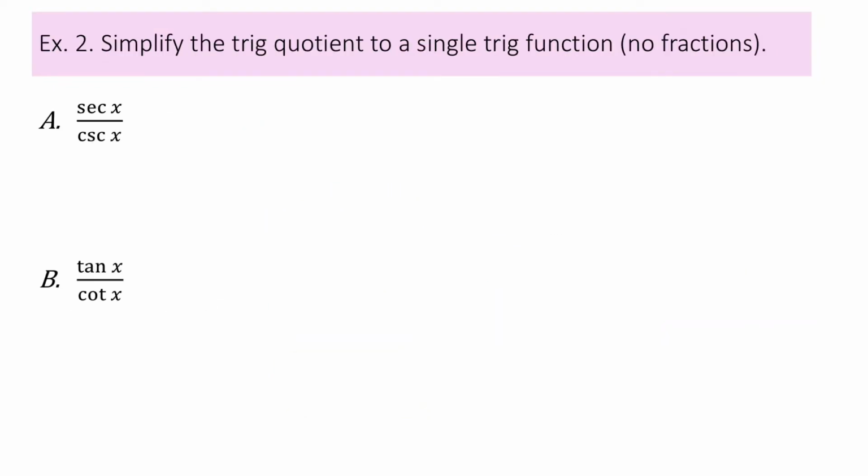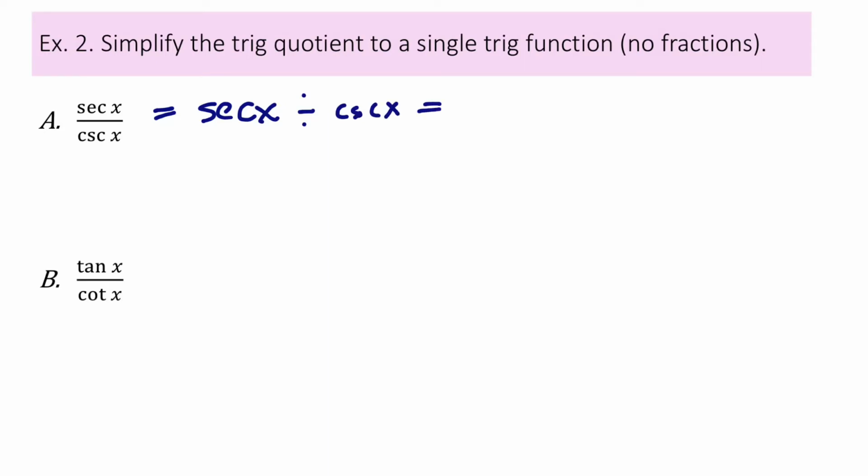So this example says simplify the trig quotient, so these are quotients, to a single trig function, no fractions again. So we're going to perform some substitutions first, and then we'll simplify those. So we can rewrite this as the secant of x divided by the cosecant of x.